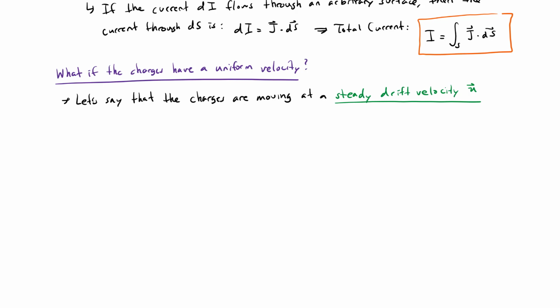We've already discovered an equation for di and therefore I. So we've also looked at the volume current density, which tells us how much current is within a volume at a specific point. Now we want to figure out how to incorporate the speed of those charges.